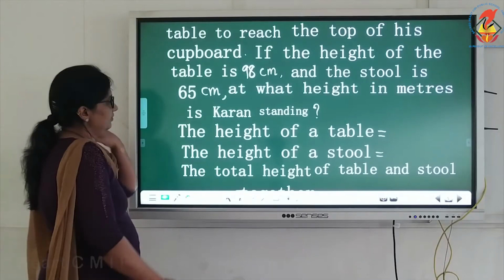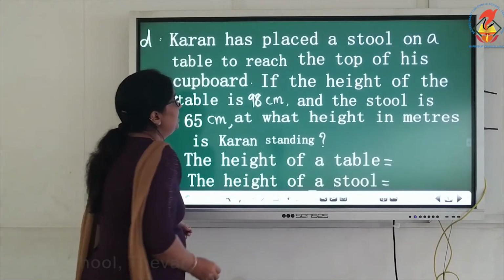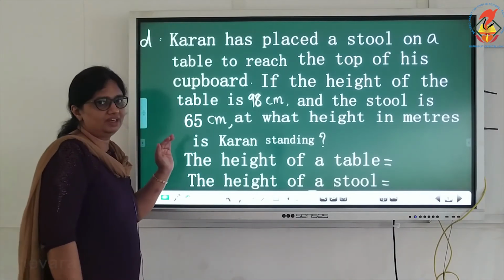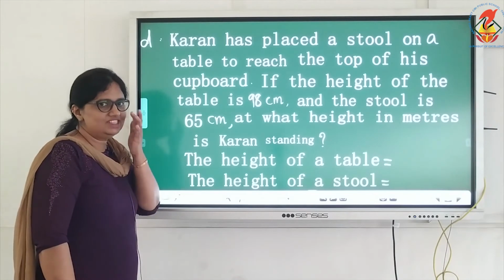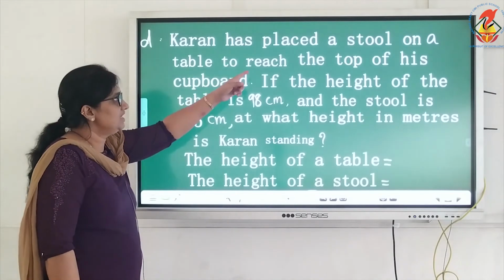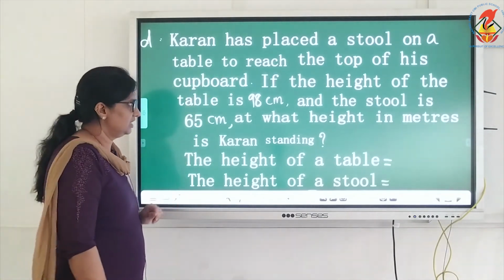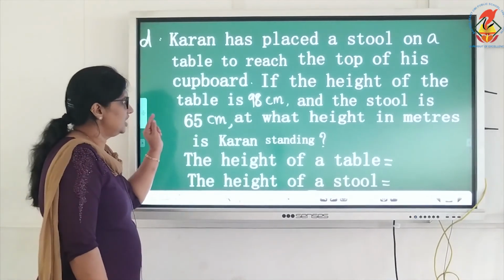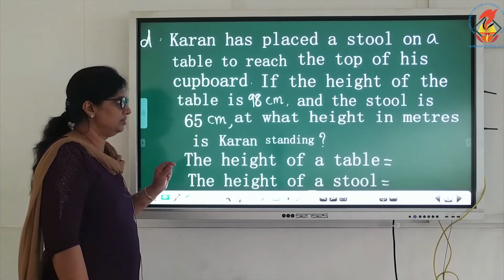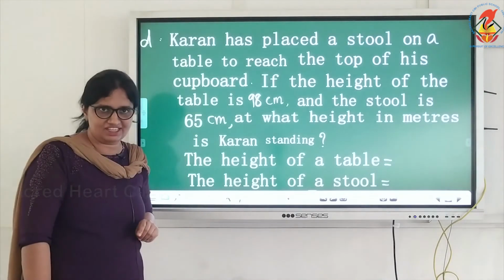Okay, and the next one. Karan has placed a stool on a table to reach the top of his cupboard. Otherwise he can't do it, right? That's why he is doing it. If the height of the table is 98 centimeter and the stool is 65 centimeter, at what height in meters is Karan standing?